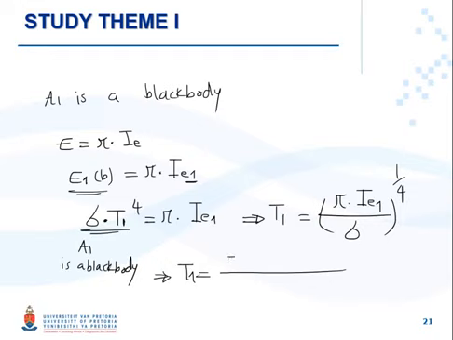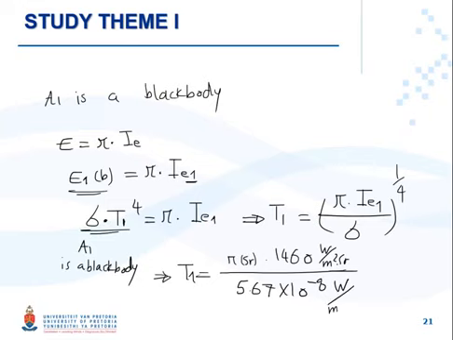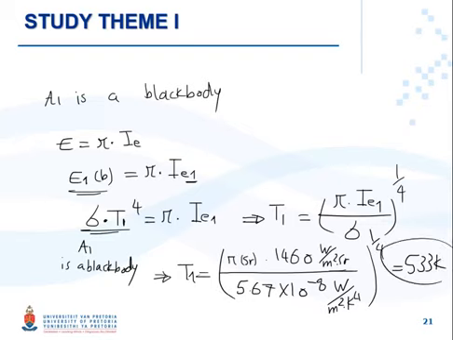So the pi is the radian, multiplied by 1460 watt is the radian, divided by 5.67 times 10 to the power of minus 8 watt per square meter K4, to the power of 1/4. The answer will be 533 Kelvin. Okay, as simple as that.